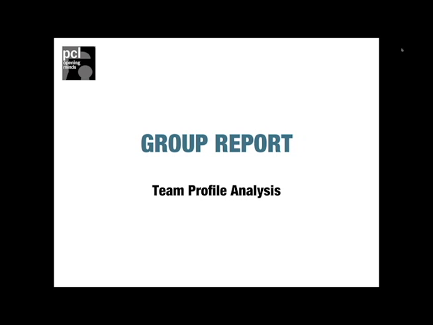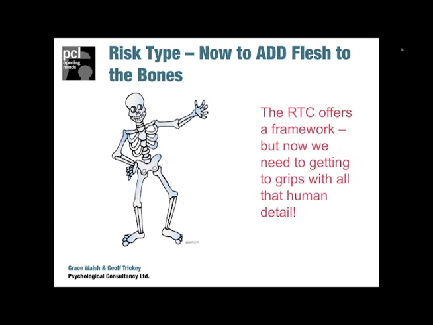So what we're trying to do here now is to emphasize the point that, right, we've got all the numbers, we know who's what risk type, we know what strength and risk type they are, and so on. That's just the bones.